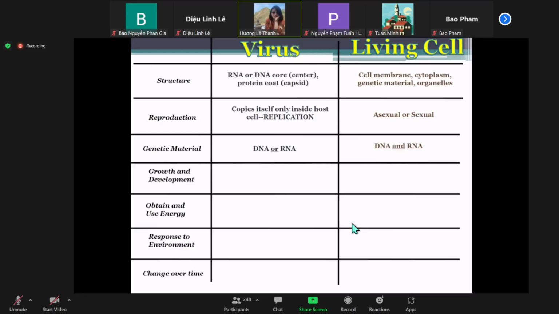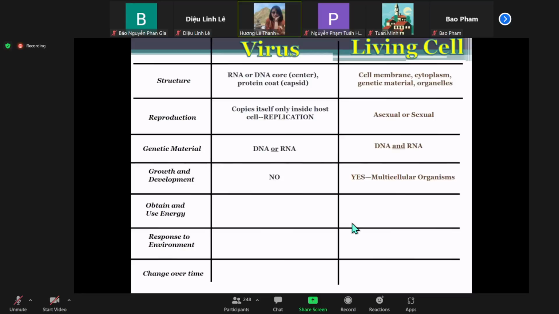But living cells have DNA as the genetic material, and they have the transcription process to produce RNA.